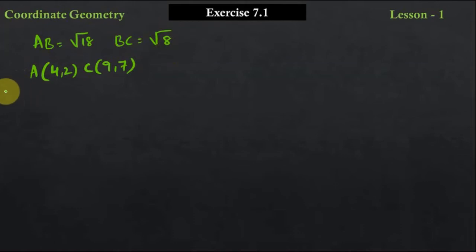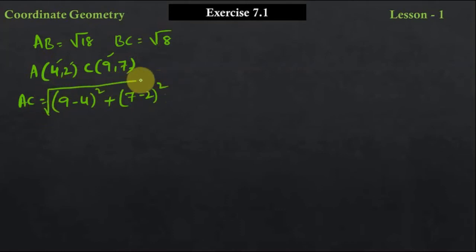Now I am finding AC value. So AC, distance between AC. So same formula, x2 minus x1. This is my x2, this is my x1, isn't it? So 9 minus 4 whole square plus y2 is 7 and y1 is 2. So 7 minus 2 whole square under root.